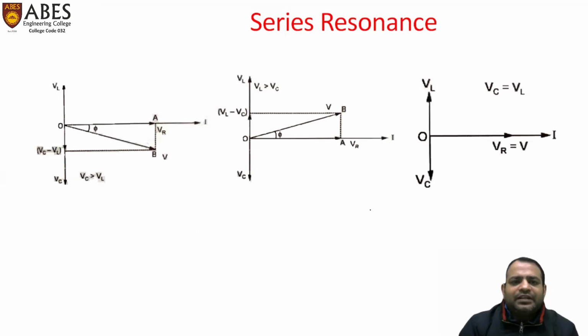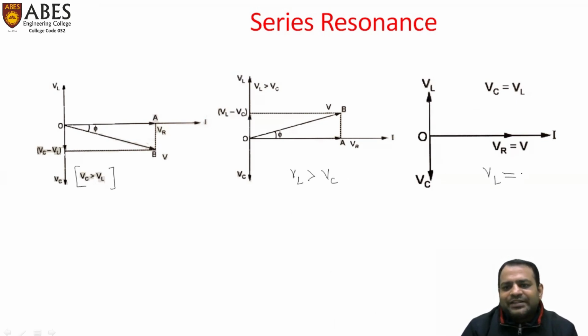Now we have three conditions. First, when VC is greater than VL. This is the first case. Second case, when VL is greater than VC. And third, when VL is equal to VC. So let us start. First, this is our current vector.